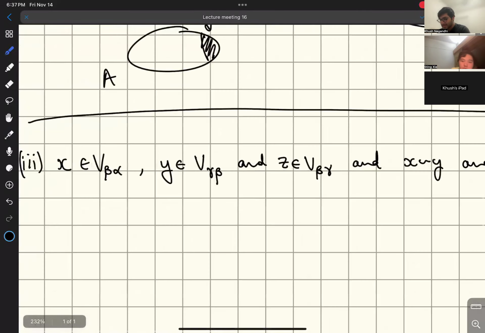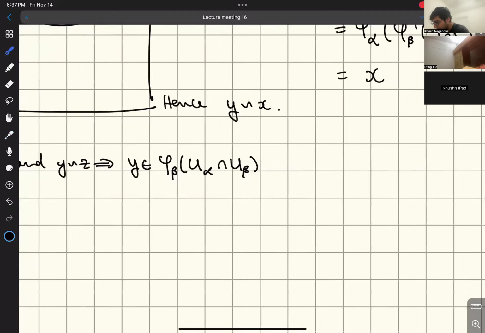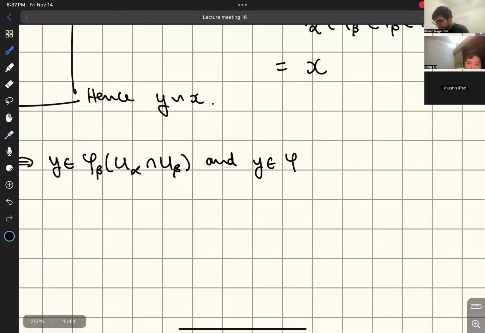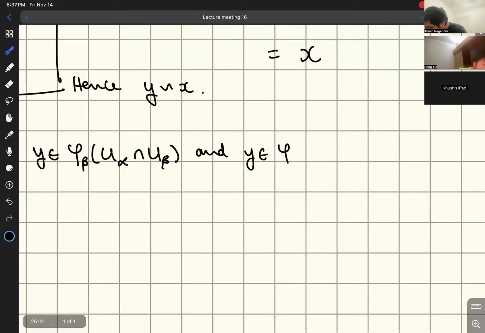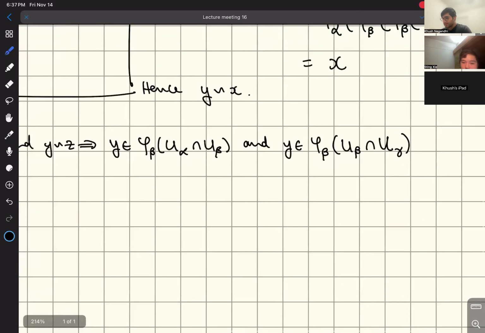Similarly, we've also said that y is in v gamma beta, so it has to be in phi beta of v beta inverse u gamma, which tells you that y is in the intersection of all three of these sets.